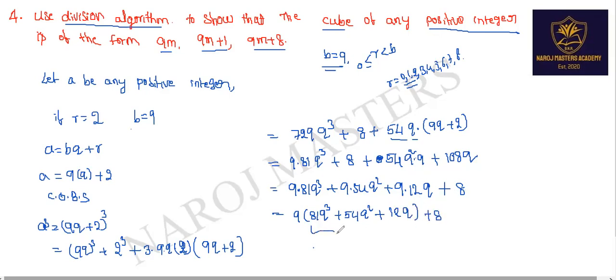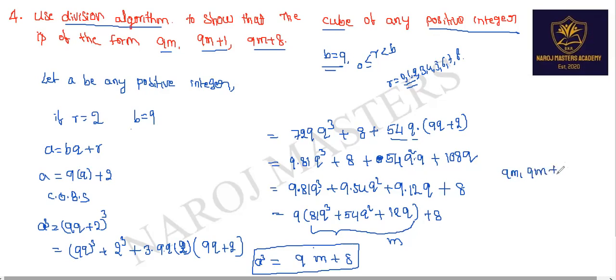Let us assume this whole value is m. So it is in the form 9m + 8. Look here, a³ is equal to 9m + 8. From this, we can say that the cube of any positive integer is in the form of 9m, or 9m + 1, or 9m + 8.